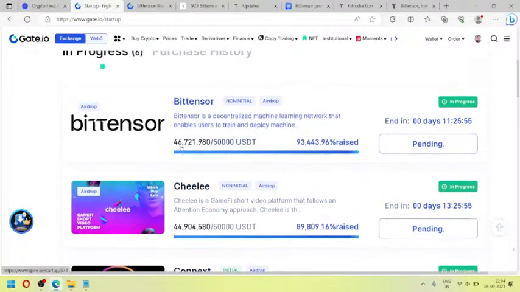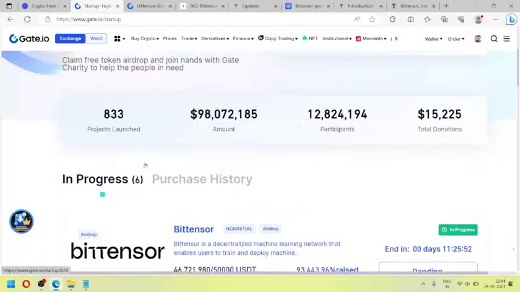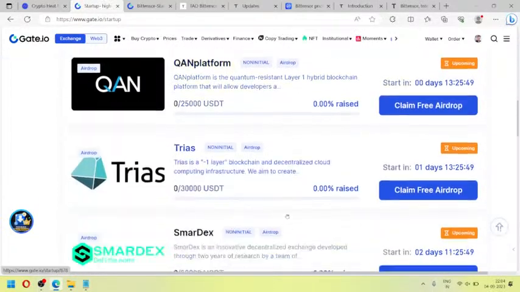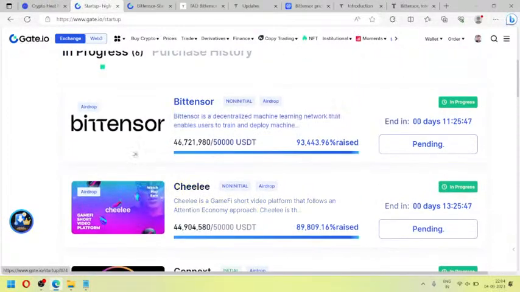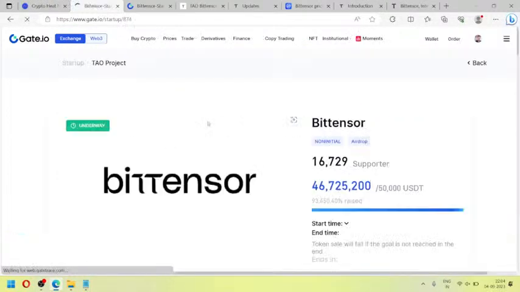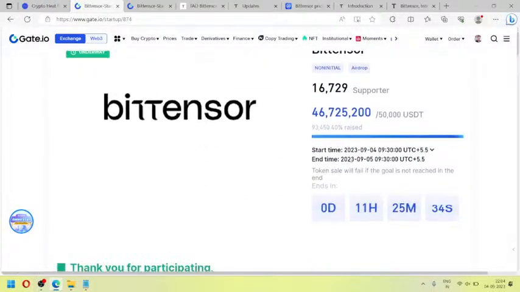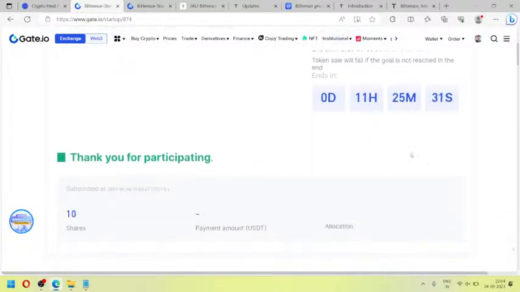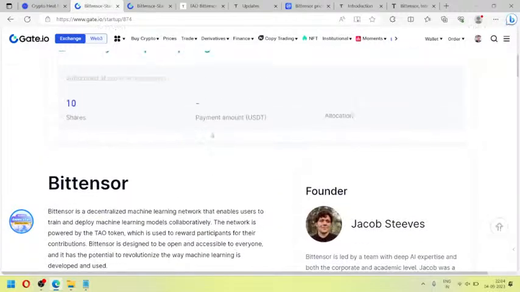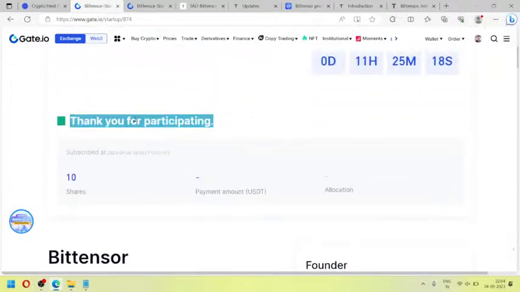If you want to participate in Bittensor, just open this Bittensor page. There you will get an option to register, the claim for free option. Just press claim for free and confirm, and you can see your shares here. They will give you some shares.